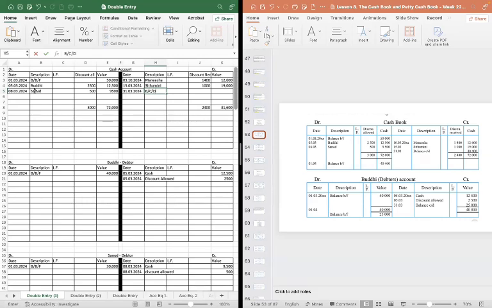Balance carried down, and that amount is the difference, 40,400. In terms of Excel, it will be a problem.